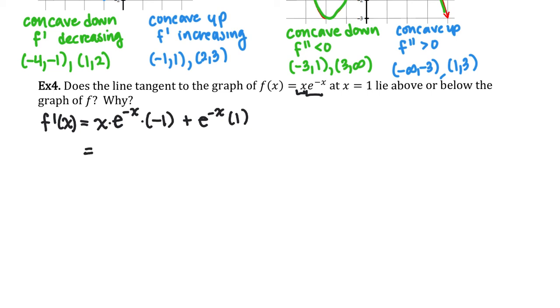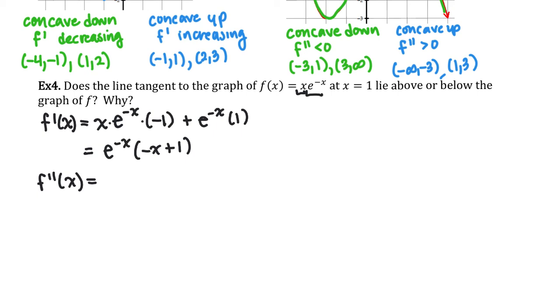Let's factor out the e to the negative x. Negative x plus 1. You can also leave it distributed. It's up to you. I need to do the second derivative, so I felt like leaving it as a product might make it a teeny bit easier for me, but we'll see.